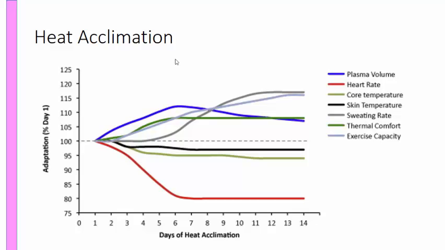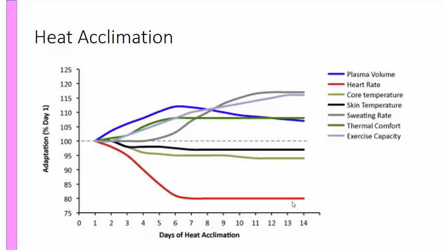You can see in the blue line that plasma volume increases up until about a week and then plateaus off. And based on what we just discussed, you should be able to explain why an increase in plasma volume would be beneficial to exercising in the heat, and then also explain why this red line, which is heart rate, would decrease for about a week and then plateau off.